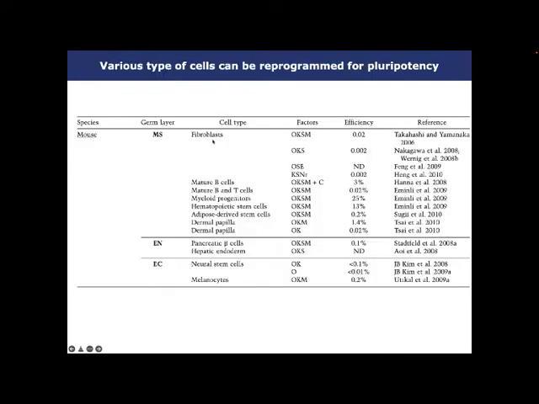And this is an example of inducing pluripotency from fibroblasts, and also other cell types such as blood cells, hematopoietic stem cells, adipose-derived stem cells, or dermal papilla, which is the hair follicle stem cell, pancreatic beta cell, neural stem cell, melanocyte. Those all different types of cells can be reprogrammed into pluripotent stem cells by introducing transcription factors.